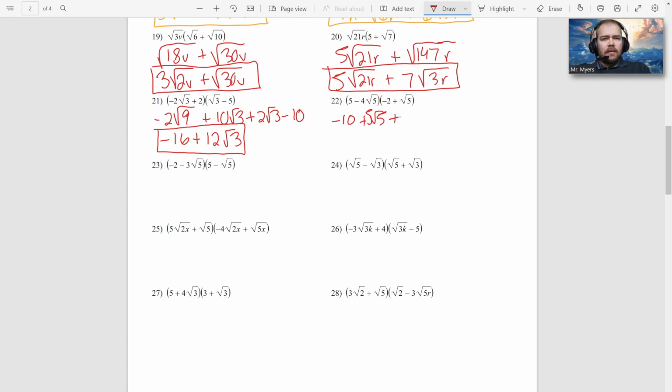Inner times the inner, last times the last. Okay, so that's going to be square root of 25 is 5. 5 times 4 is 20. Negative 10, negative 20, that's negative 30. And then we have 5 roots of 5 and 8 roots of 5, both positive, so we add them up and we get 13 roots of 5.